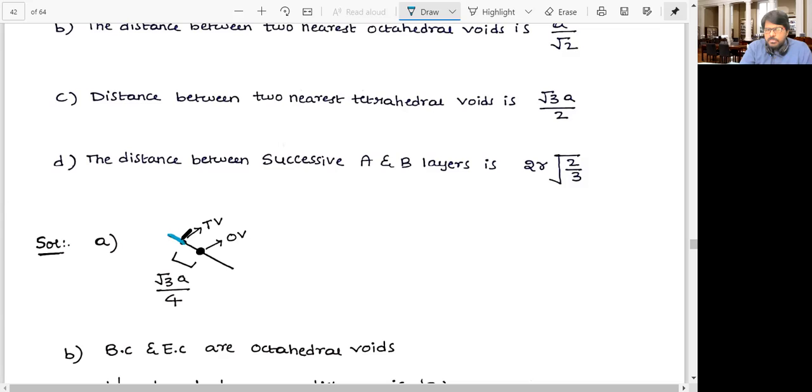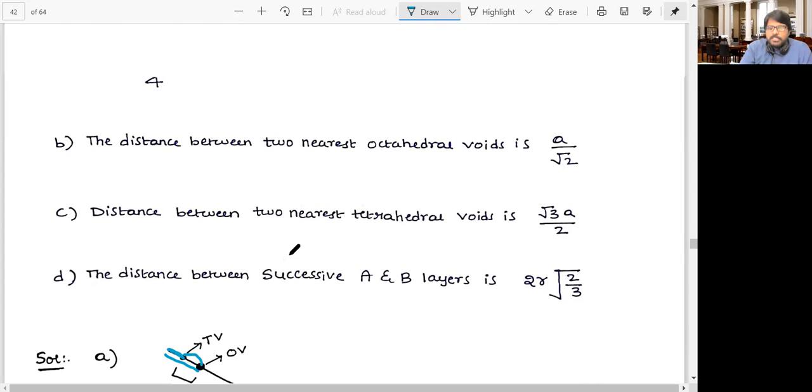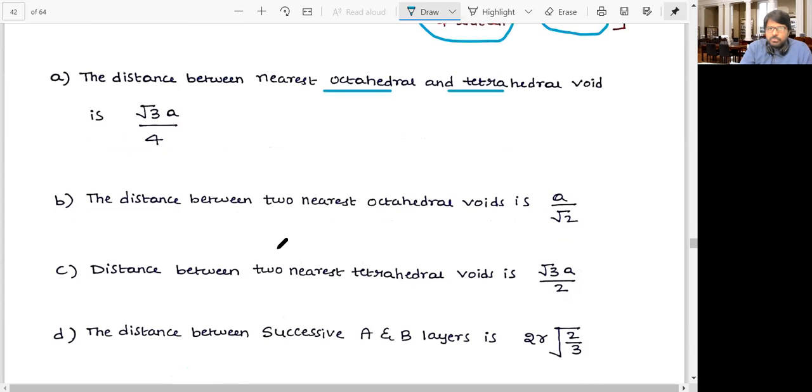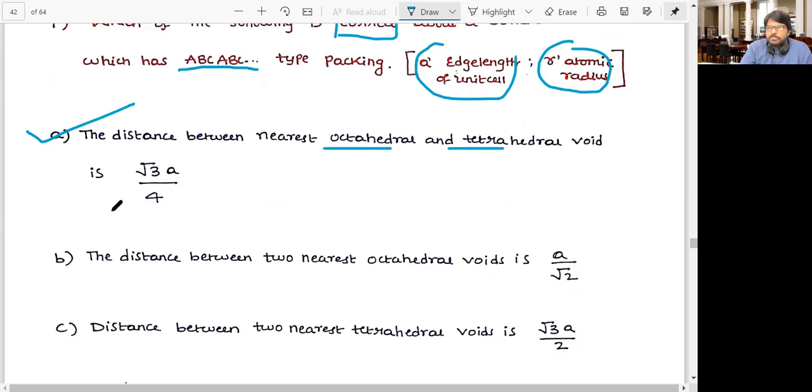So this is root 3a by 4. And this distance is root 3a by 2. And the distance between these two particles is asked. So that is root 3a by 2 minus root 3a by 4. And the answer is root 3a by 4. So the first option is correct.